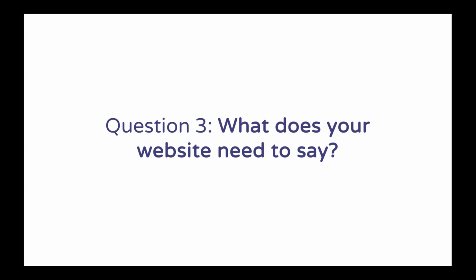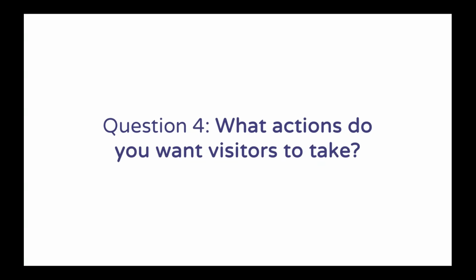But then think of the messages that your site must communicate. And then my last question for now is, what actions do you want visitors to take? What are the most important actions visitors are going to take on your website?